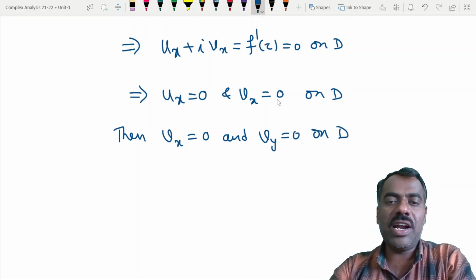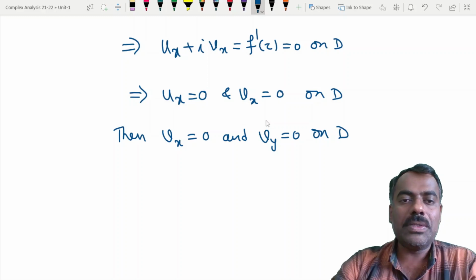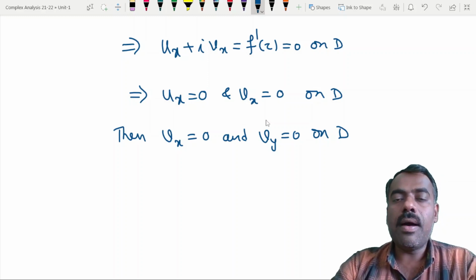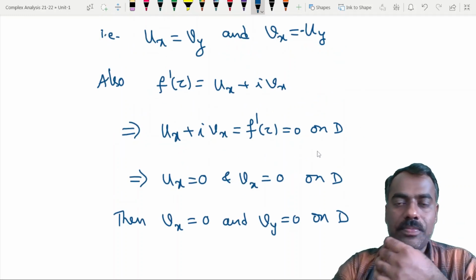So what we got now is that the partial derivatives of u and v with respect to x and y are all 0 on this entire domain D. That is what we got so far. Yes or no?